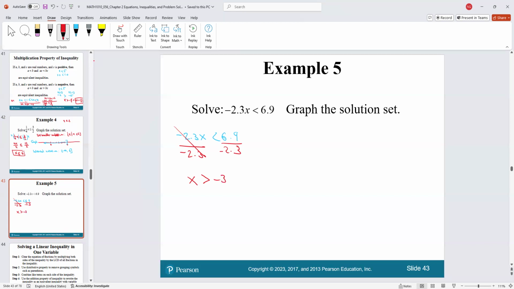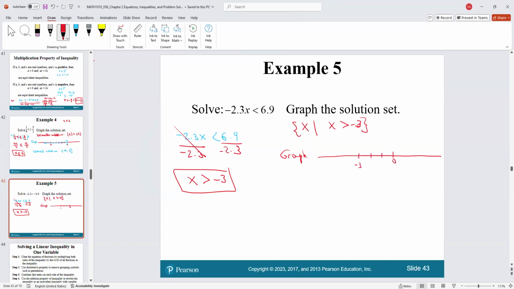All right, so that's the solution. In set builder notation, we can say x such that x > -3. Or you can use the graph. Sometimes they're going to ask you to use all three, but sometimes they ask you to use only one of them.